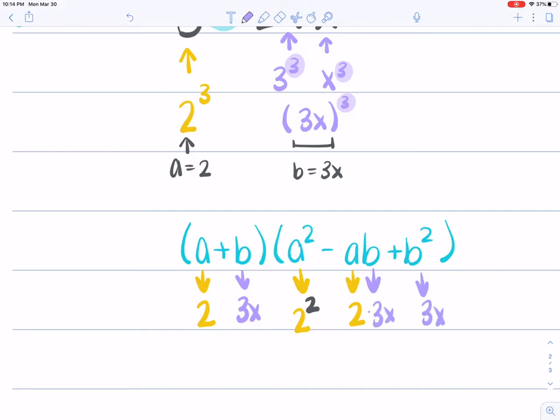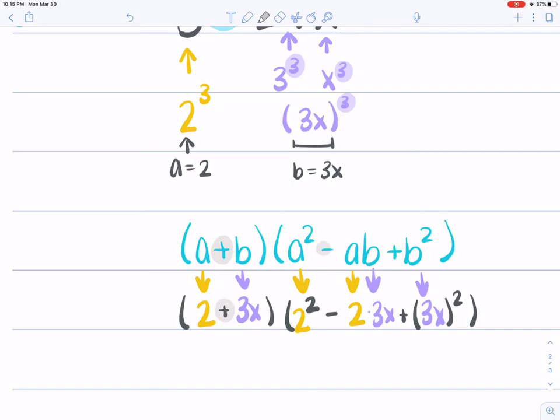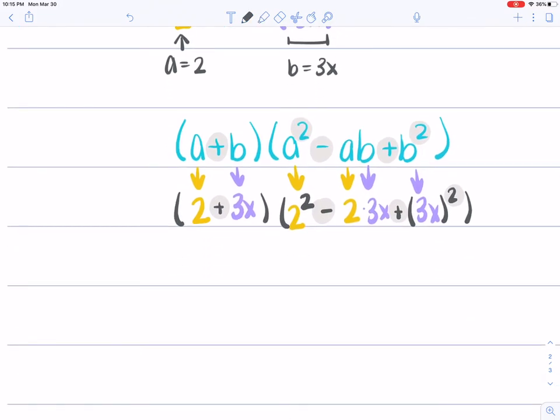And then let me go back and fill in all my signs. So all I did was carry my signs down and my squares down. Now it's just a matter of simplifying.